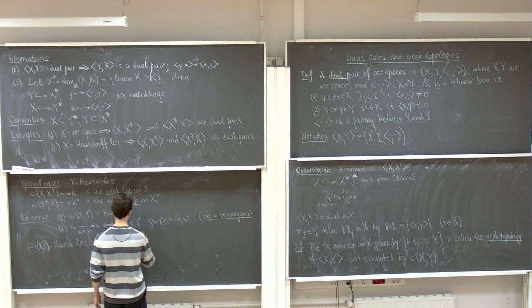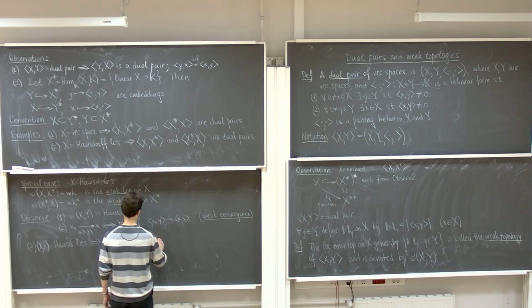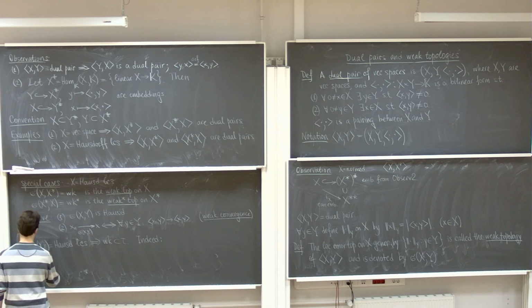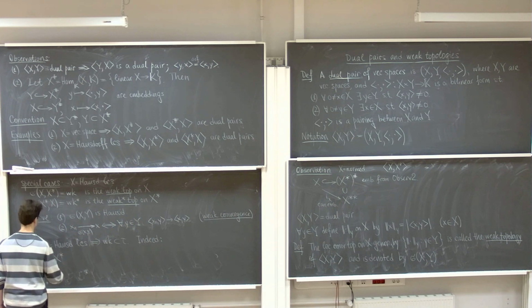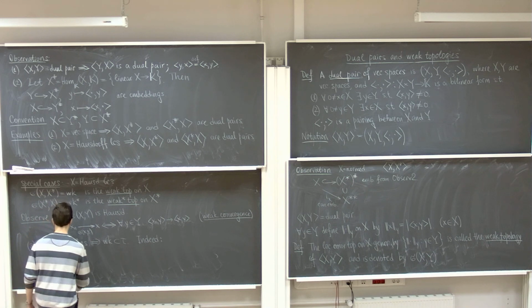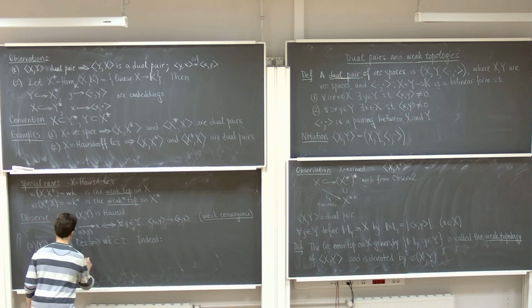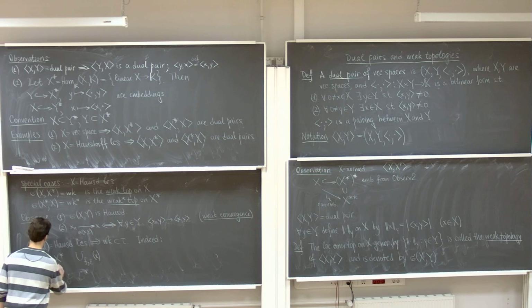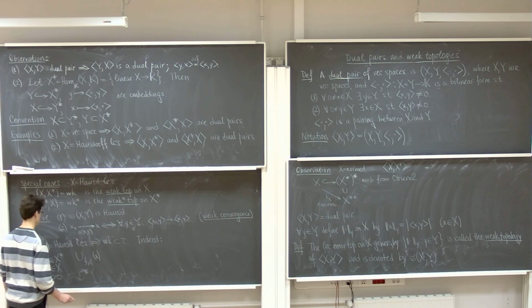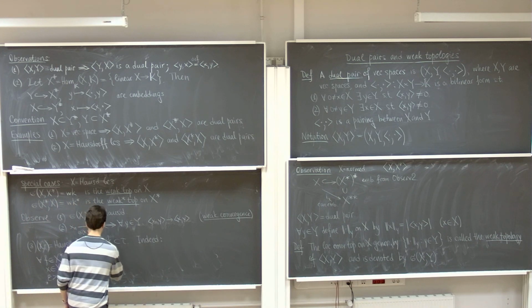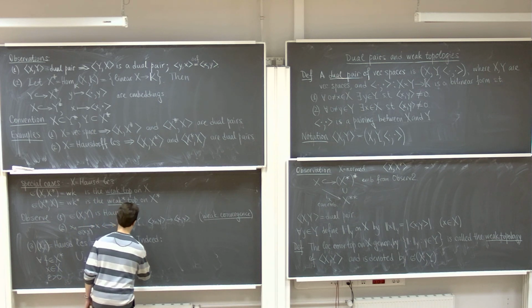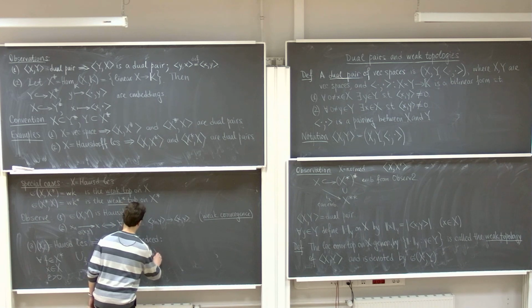Well, why is it so? Indeed, if we take an arbitrary continuous linear functional f on X and consider the following set U_{f,epsilon}(x), where x is a vector and epsilon is a positive number, the set consists of all y in our space such that |f(y - x)| is less than epsilon.